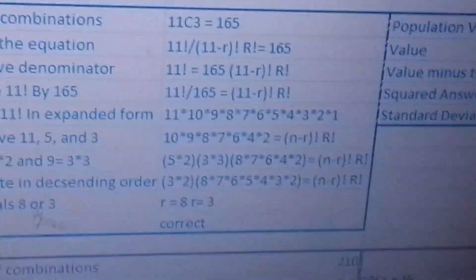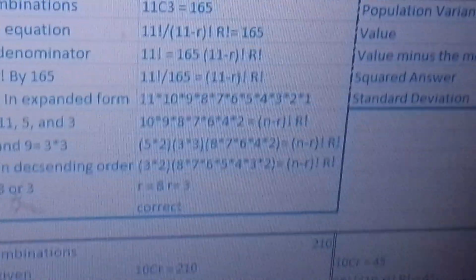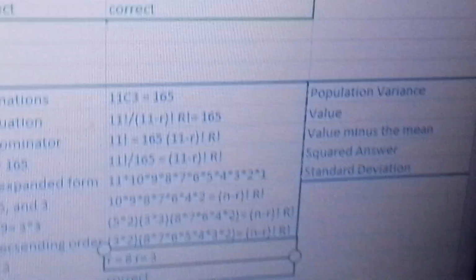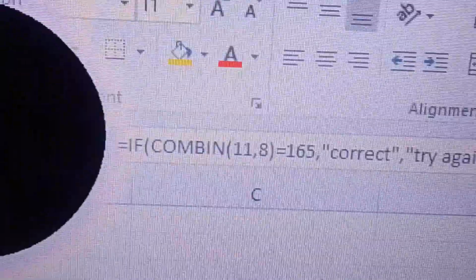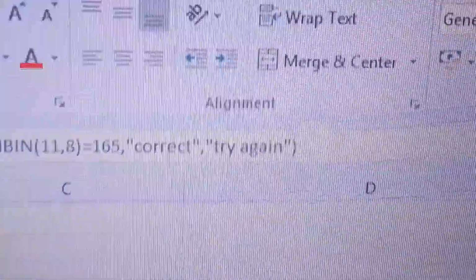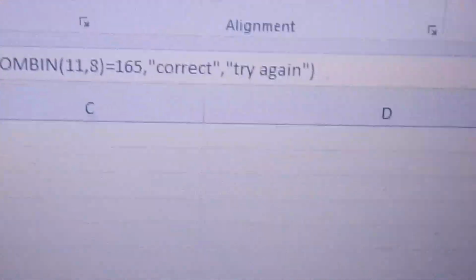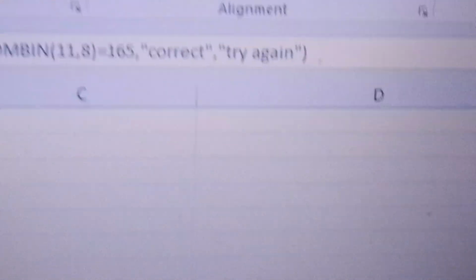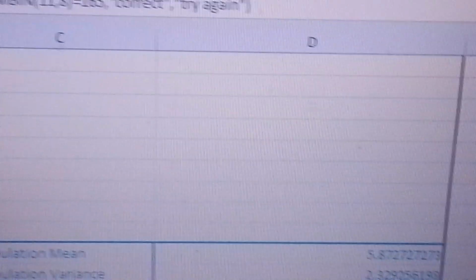So therefore, r is 8 and r is 3. That is correct. Now let's verify. If combination 11, 8 is equivalent to 165, correct, and try again. We got the right answer. So therefore, that is correct. So therefore, there are 3 samples that Miss Ava Dan will obtain.